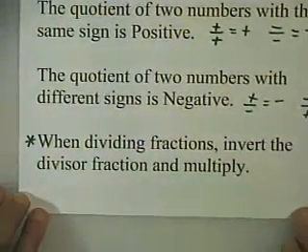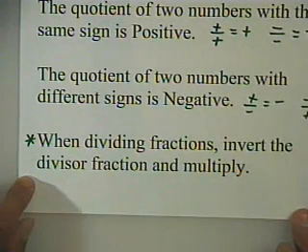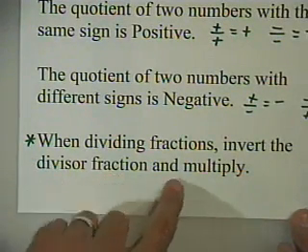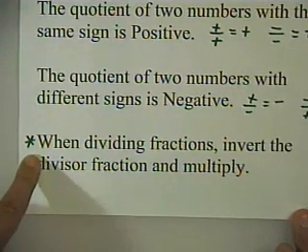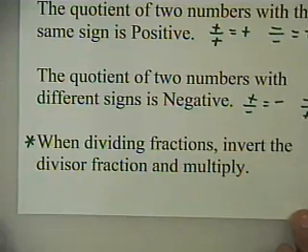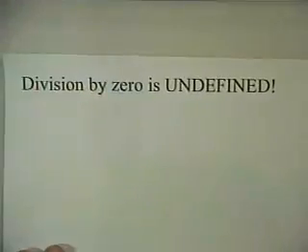Remember this rule: when we divide fractions, we invert the divisor, the fraction, and multiply. So we just want to change the divide problem into a multiply problem. And last, don't forget, division by 0 is undefined.